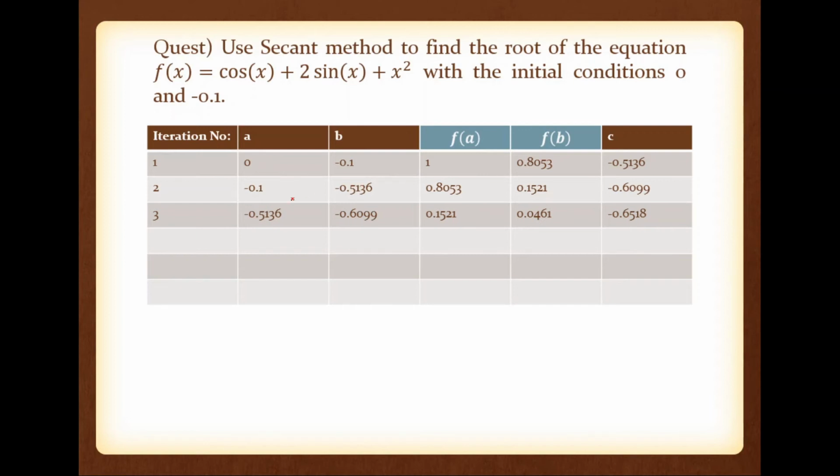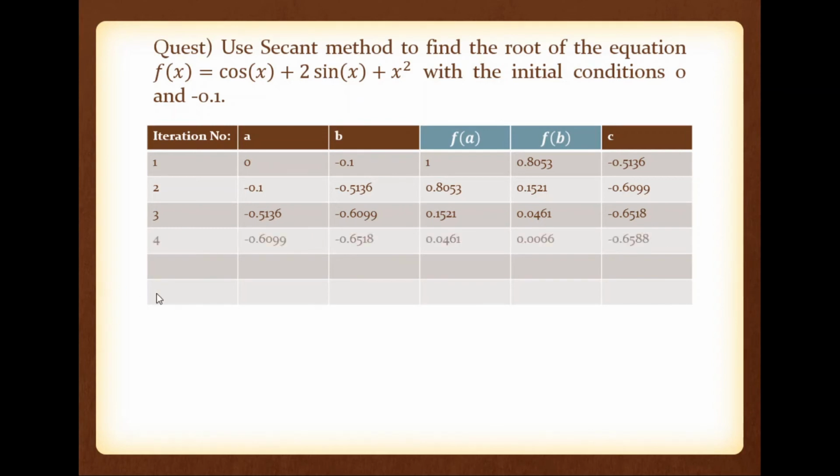You can see that this A is the previous B, so f of A will be the previous f of B. So f of A is equal to 0.1521. And what is f of B? F of B is the value of f at this point, so that is 0.0461. So now what is C? By using these four values, C is equal to minus 0.6518. So this is the third iteration.